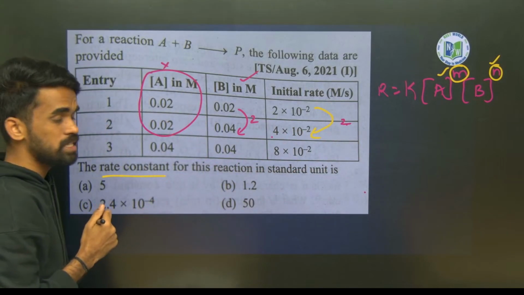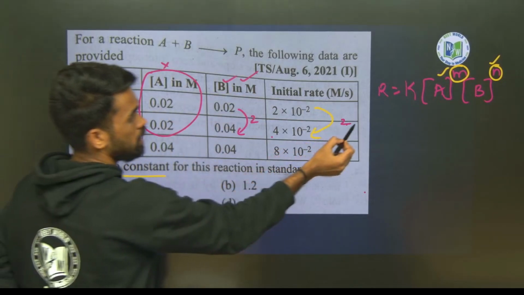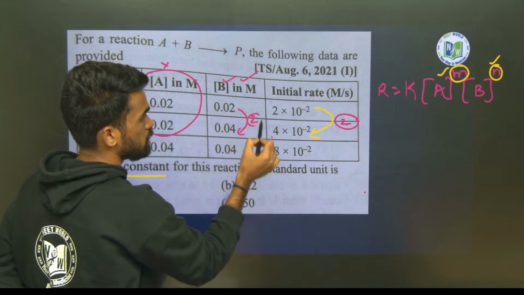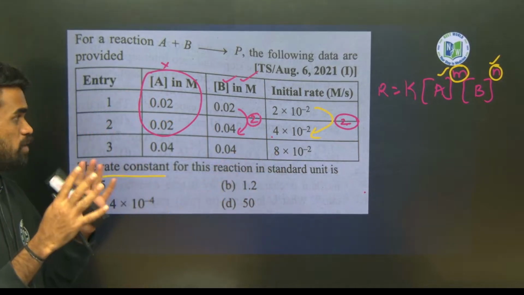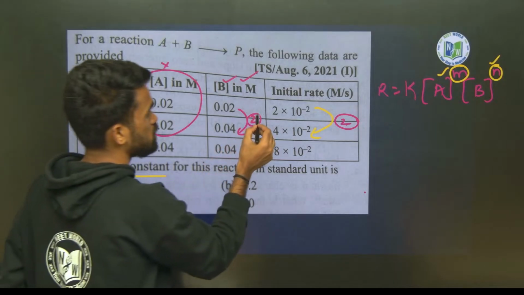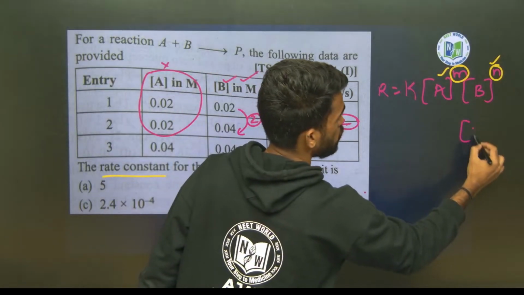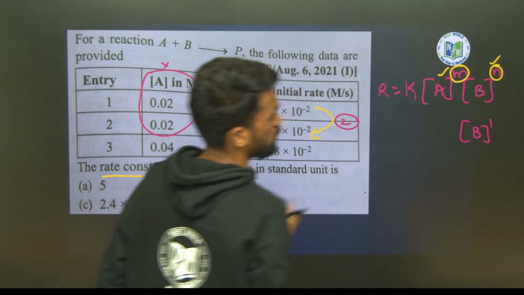So the order with respect to B will be 1. If there is the same number of times change in the concentration and rate, the order with respect to that particular component will be 1. So B to the power 1. Order with respect to B is 1.